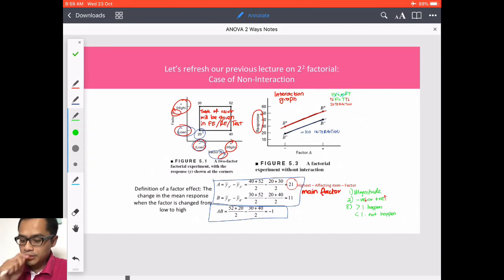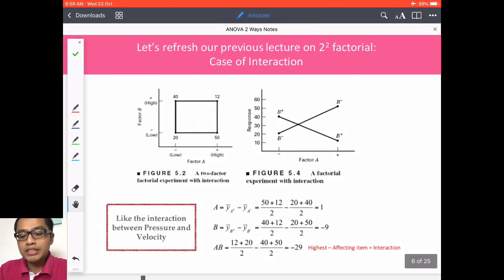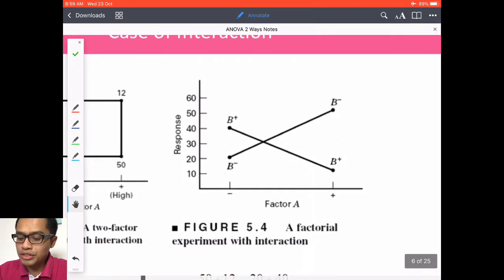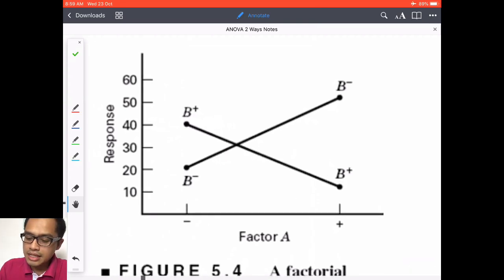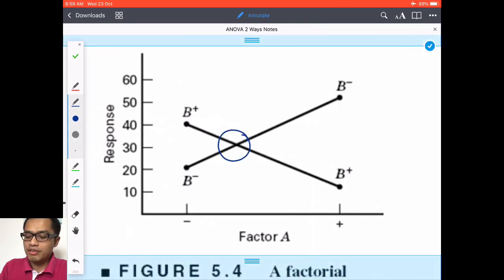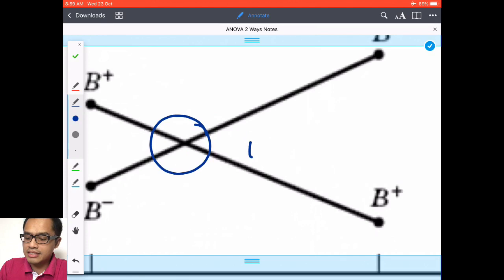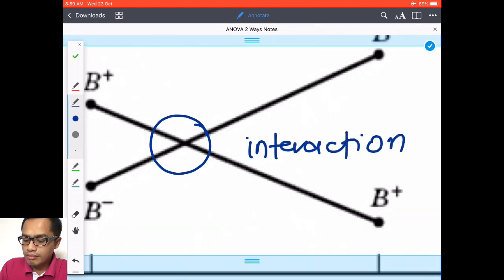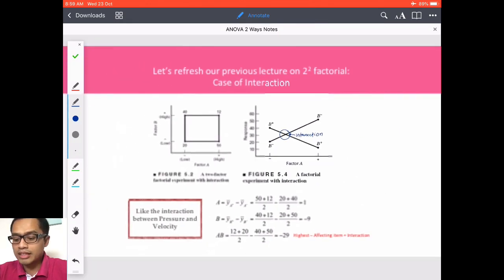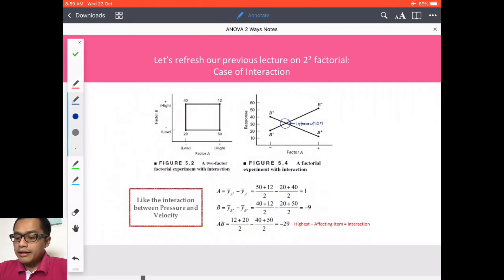So in the next slide, I'll show you the example of interaction. When you have interaction, usually these have a cross. Therefore, interaction exists. You can plot, here I give an example.